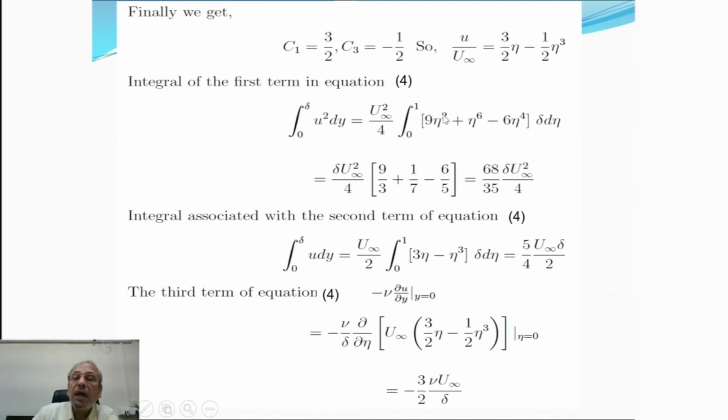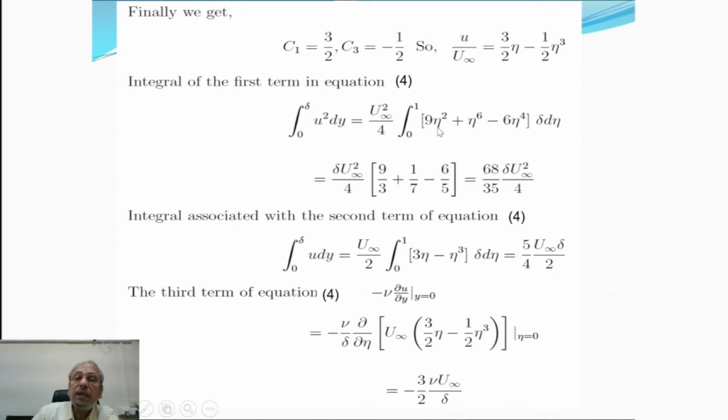After integrating, basically 9 into eta cube by 3 plus eta to the power 7 by 7 minus 6 into eta to the power 5 by 5, and then we substitute the value of eta as 1 for the upper limit and 0 for the lower limit. So we get this, and finally we get this equation.